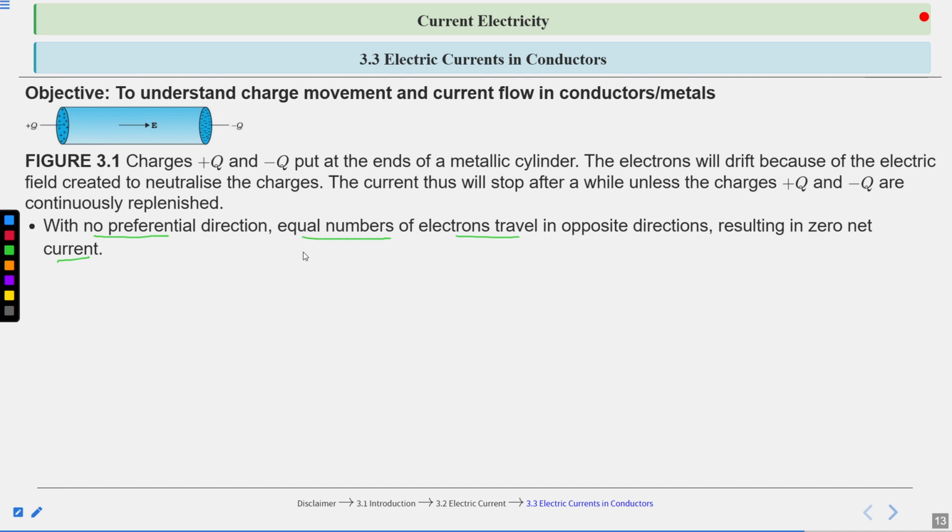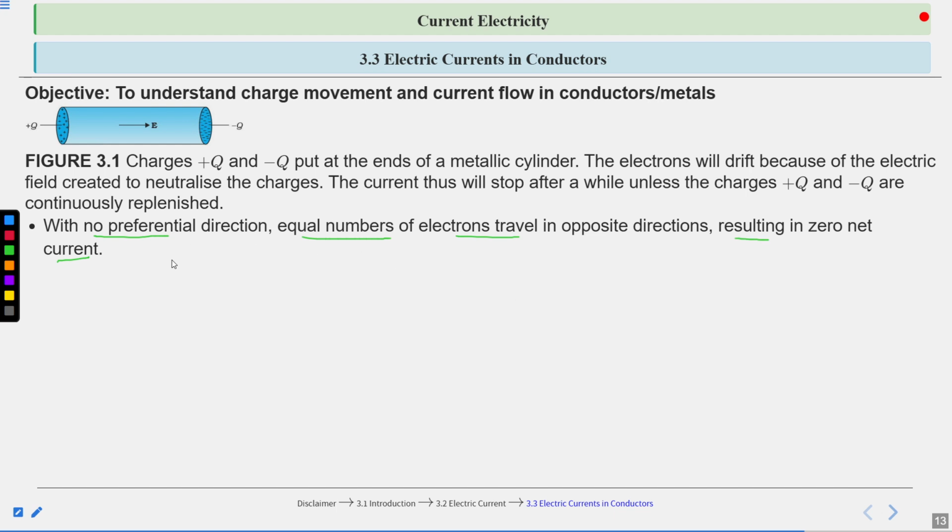We cannot determine a fixed direction in which they are moving. So n electrons move forward and n move in the opposite direction, which results in zero net current.